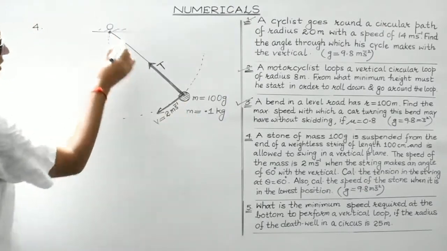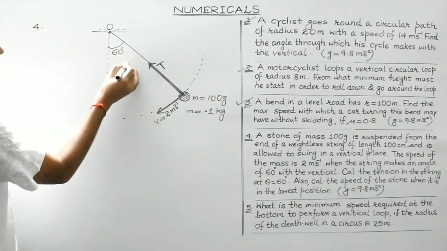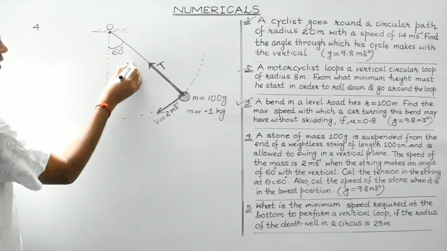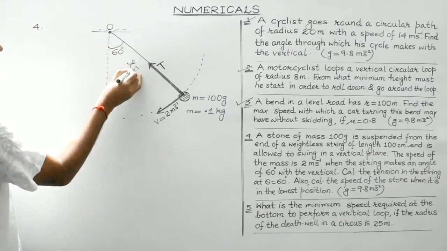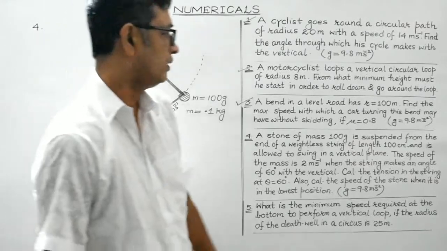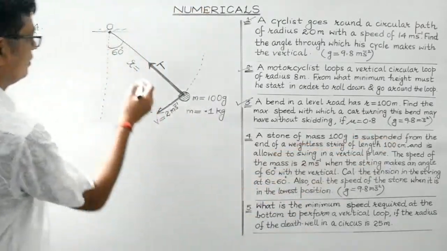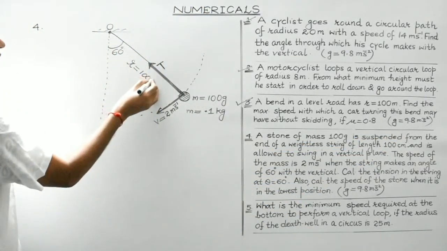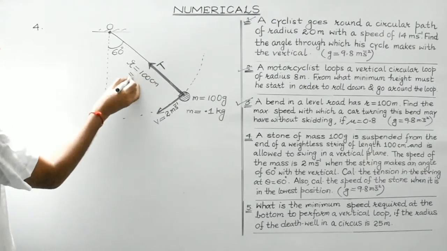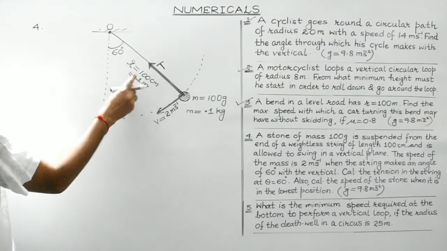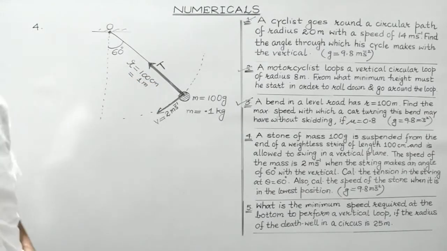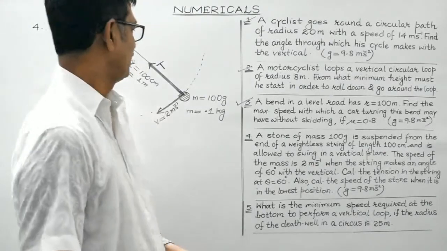And students, the length of this massless string, which is considered to be L or R, is given to be 100 centimeter, which is equivalent to 1 meter. Don't forget to convert it in SI. This is the situation given.